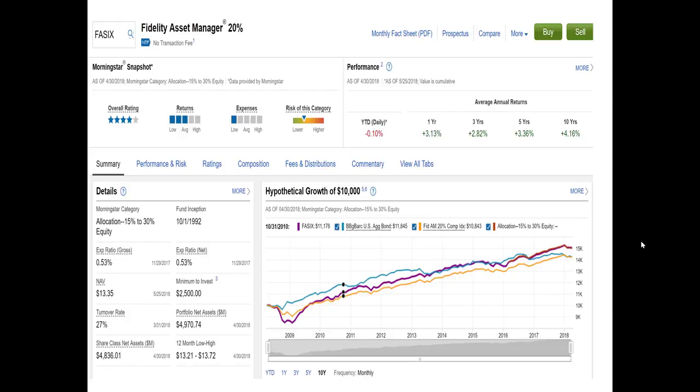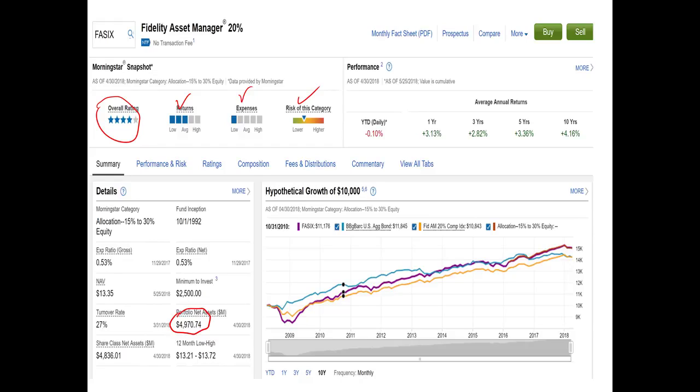But if I didn't have time to do that, I can just invest in this Fidelity Asset Manager 20% fund. You can see that Morningstar has recently given it 4 stars, that it's got average to above average return, low expenses, low risk. This fund has a total of about $5 billion invested in it.